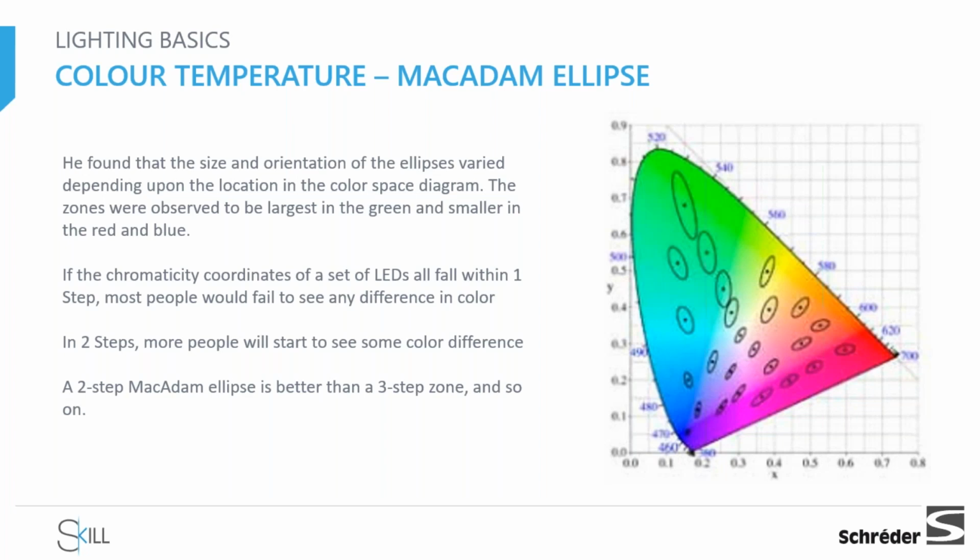So normally, whatever the MacAdam ellipse level inside the luminaire is, you will not be able to notice it on the ground. However, if there is a big difference between the colors inside the luminaire itself, anybody can notice it if they look directly at the luminaire. So normally, when we are speaking about street lighting, the requirement will be a maximum of 4 to 5 MacAdam ellipse.